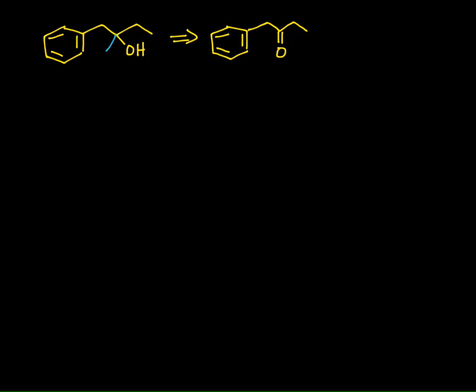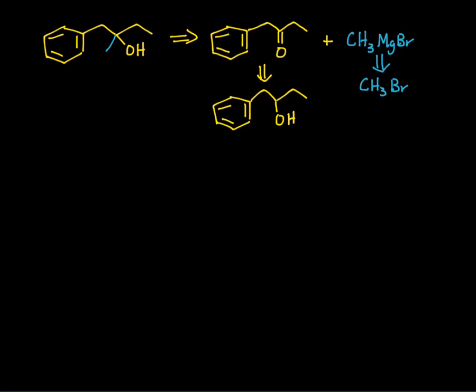So if I react that ketone with methyl magnesium bromide, the methyl from the methyl that I removed, then I know I can make that tertiary alcohol. Again, thinking about starting with alcohols, I can make that ketone from its corresponding alcohol, and I can make the Grignard from methyl bromide, which I can then make from methanol.